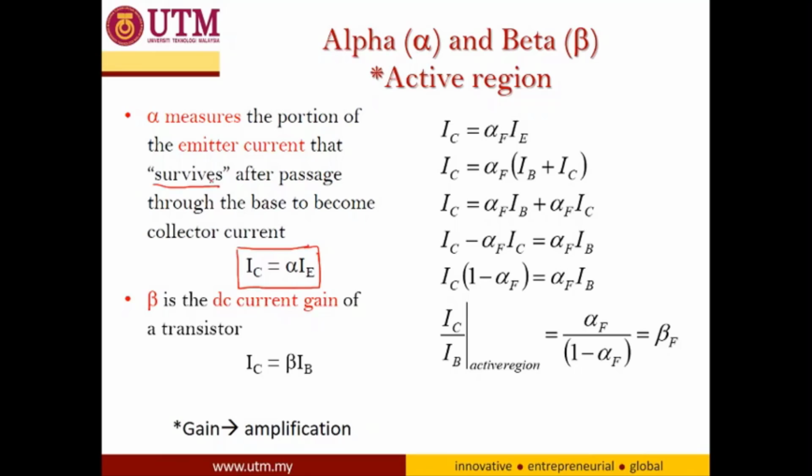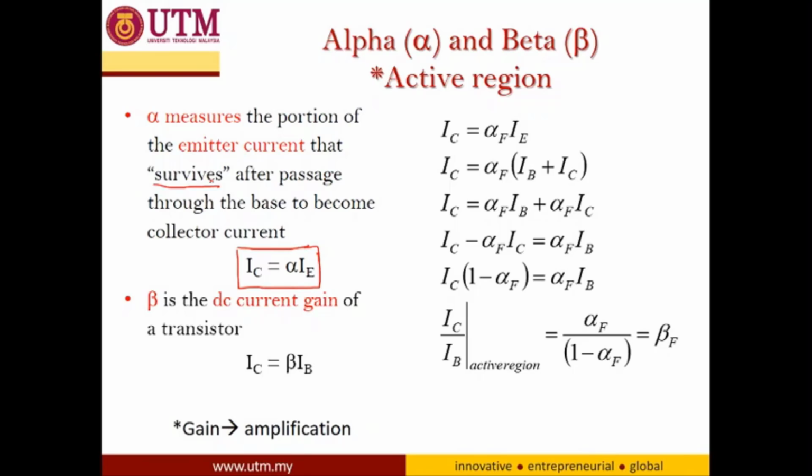The emitter is where the electron is produced, and the produced electrons should arrive at the collector, but not all the electrons arrive at the collector. Some will disappear and become base current. So here alpha is the survival rate.